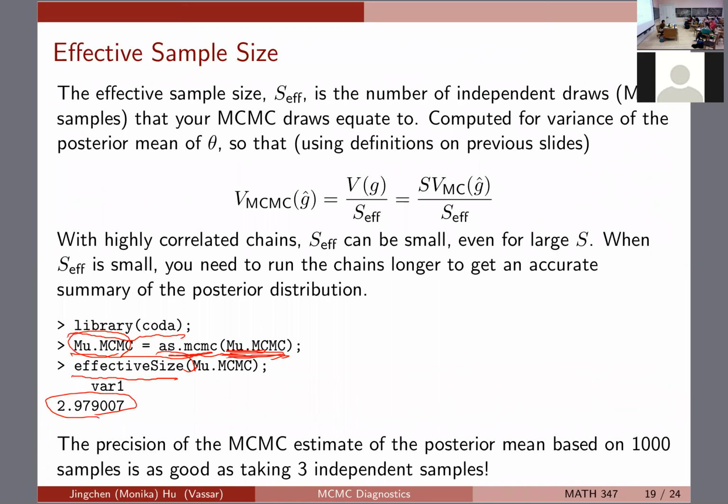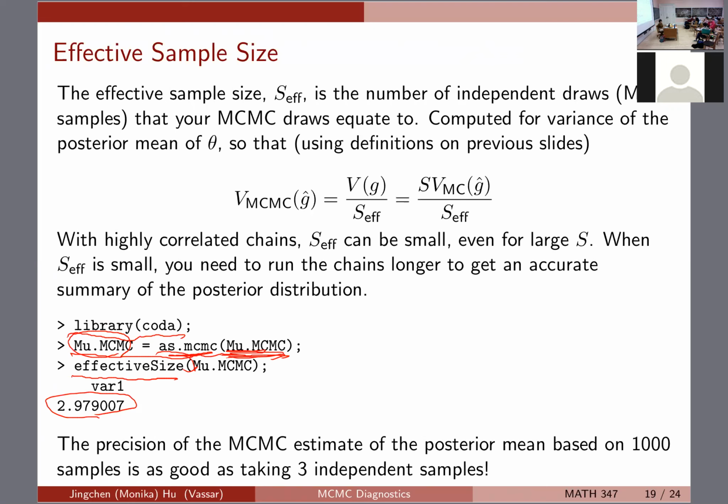We want to have a large enough effective sample size, because think about it, we run the MCMC for so long, but a lot of draws are not going to be useful. We're going to have to drop them. So this function is giving you a sense of, now you have run it so long, how useful it is, and it's defined to be the effective sample size.